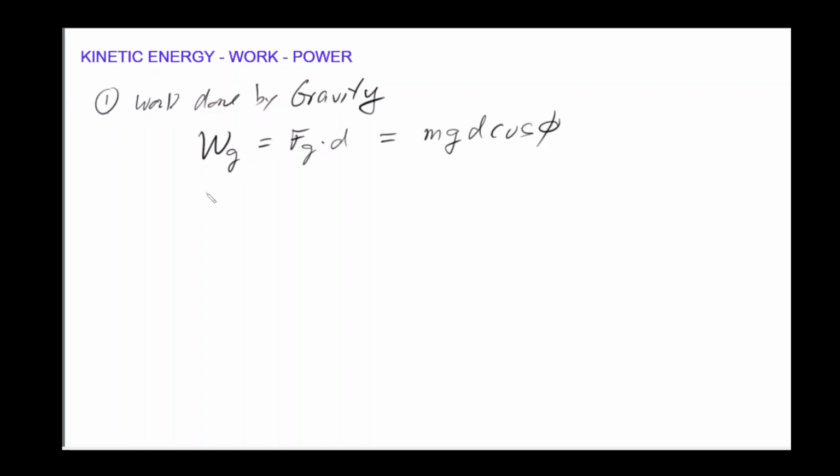And let's call the work done by the applied force equal WA. So that's an applied force. Well, if the change in kinetic energy is equal to the final kinetic energy minus the initial kinetic energy, then that would be equal to the work applied plus the work of gravity.